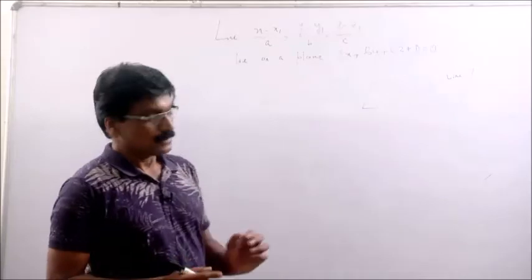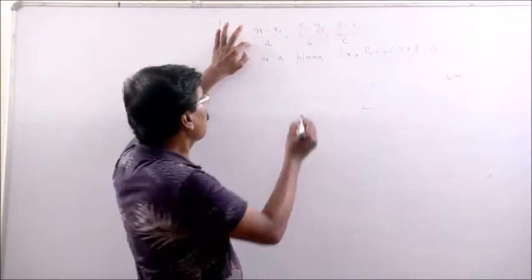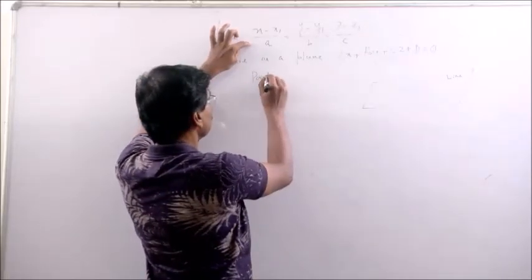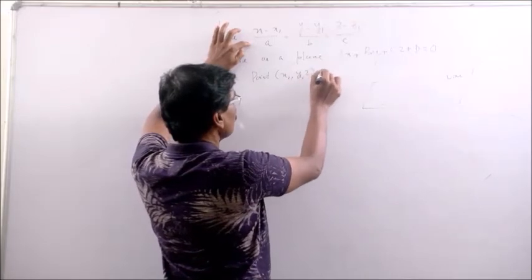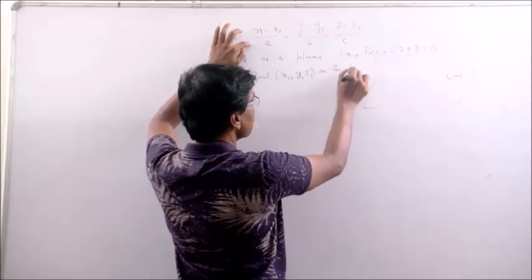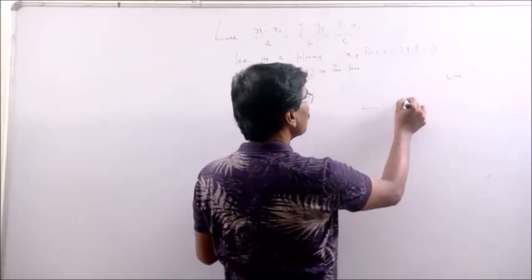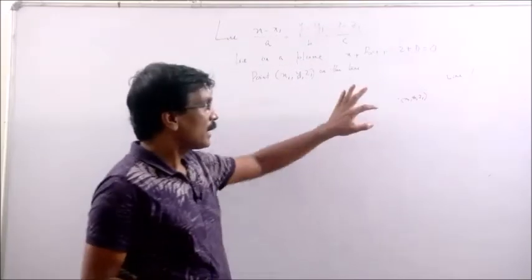So the condition is, first of all, the point x1, y1, z1 on the line must be a common point, so it lies on the plane also.